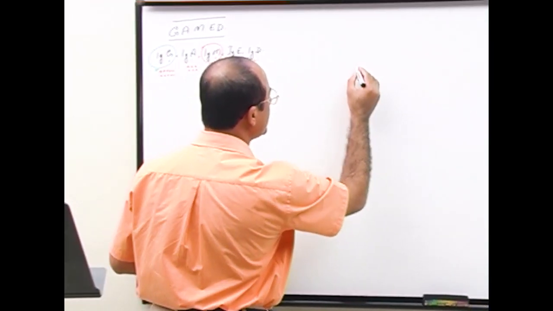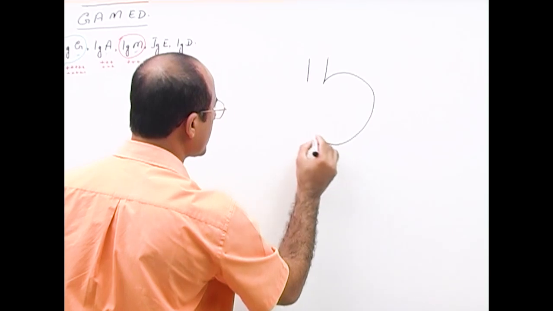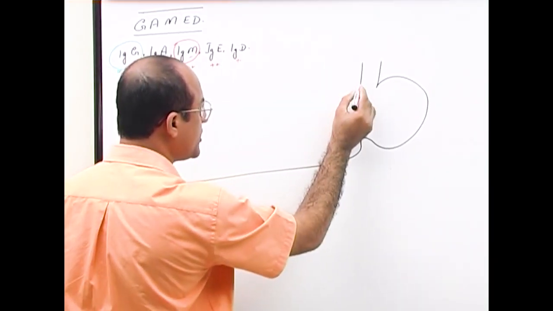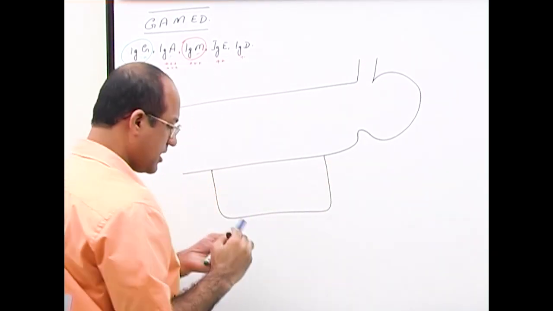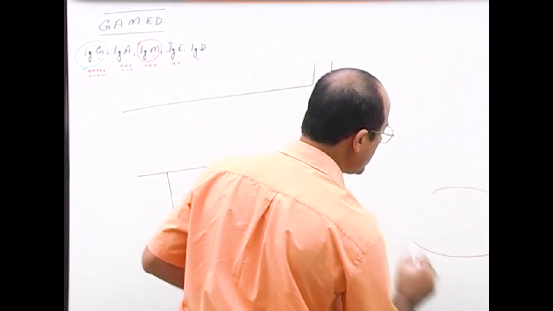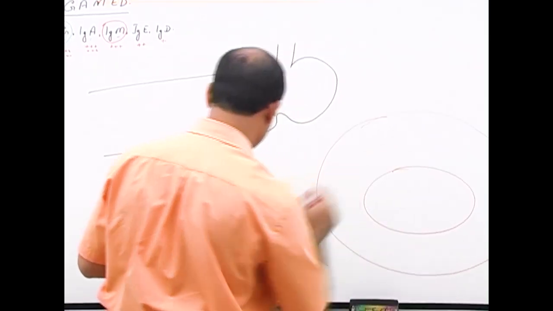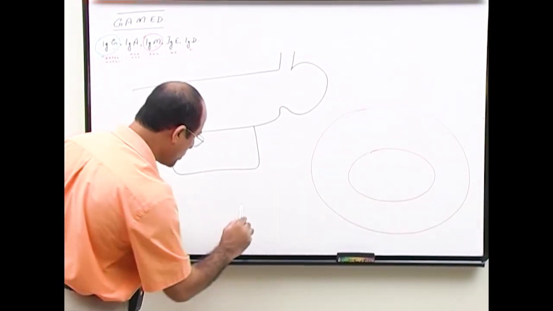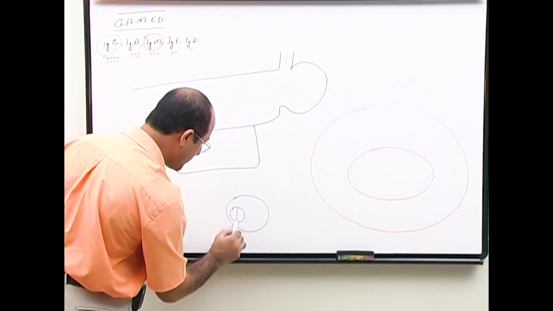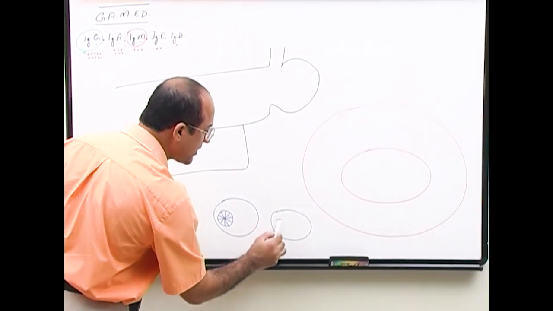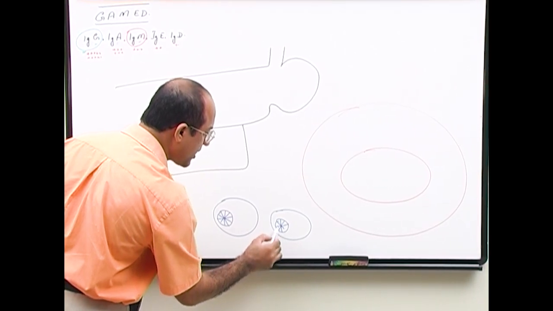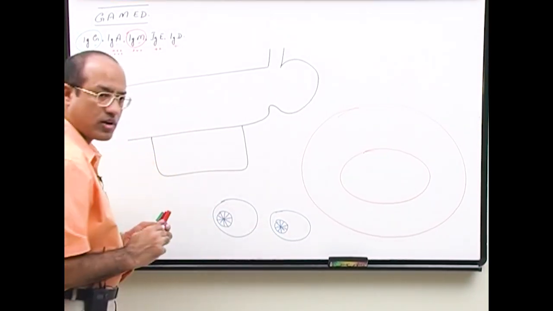Let's suppose that this is the GIT and this is a GIT mucosal cell, and here is your blood circulation, and here you have a plasma cell. These plasma cells are producing IgA, right?